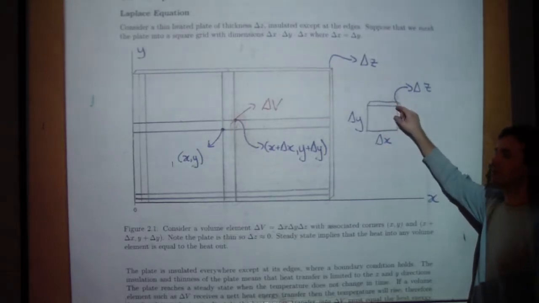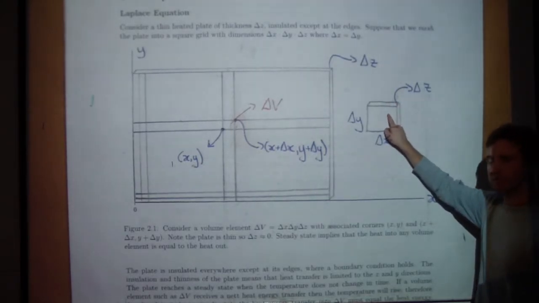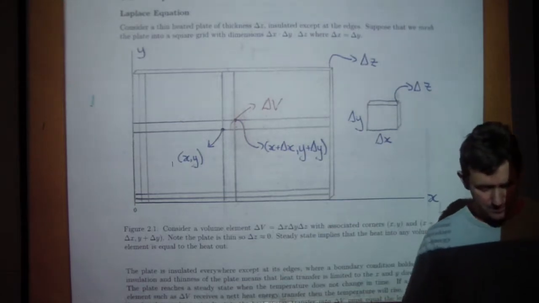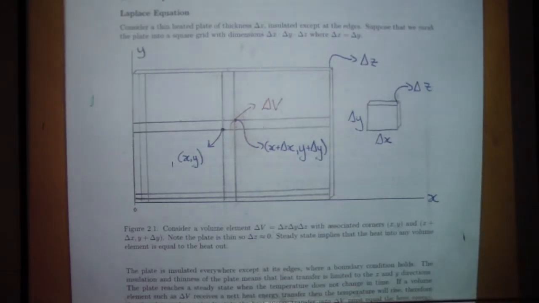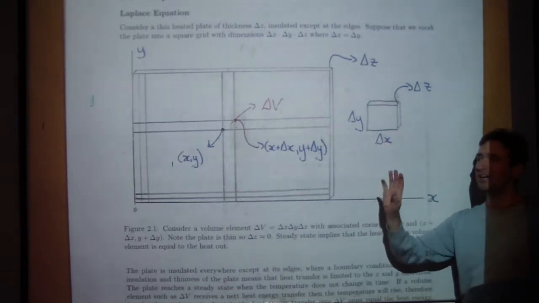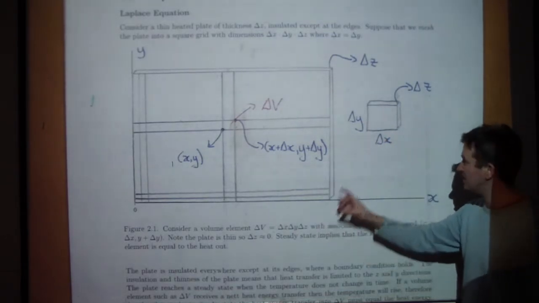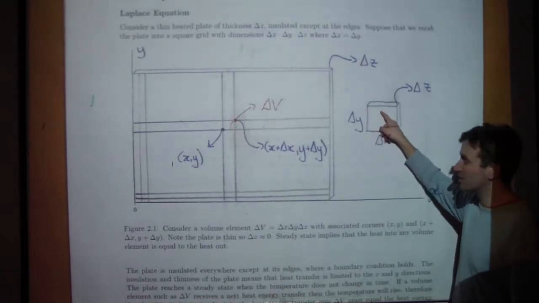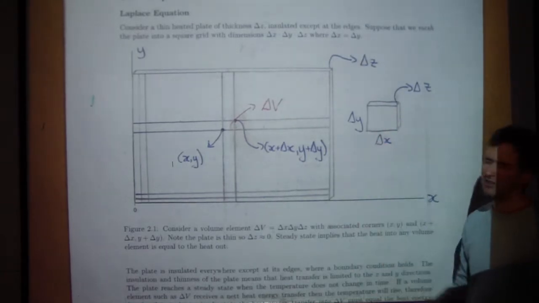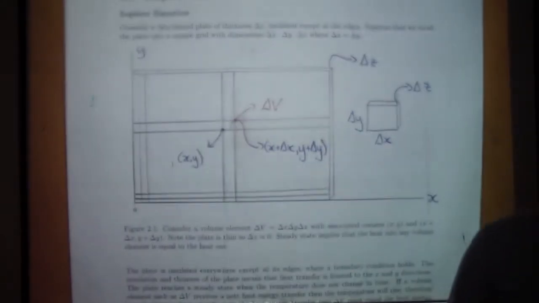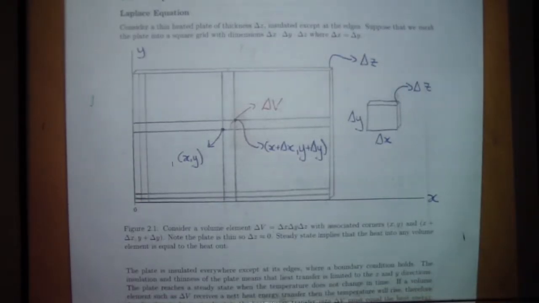If you increase the amount of heat energy in this volume element, the temperature increases. What is heat energy? If you really go into the fundamentals, heat energy is particles moving around, but I don't really need to go into that. So, the more heat energy, the higher the temperature.